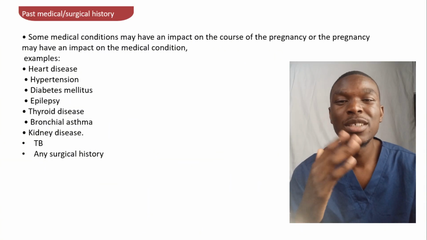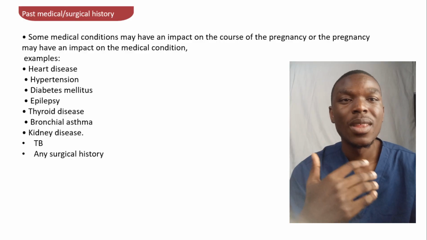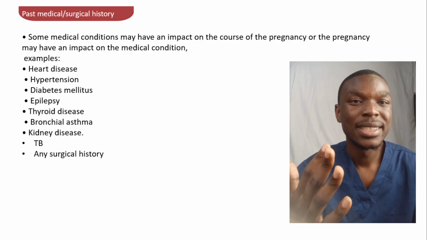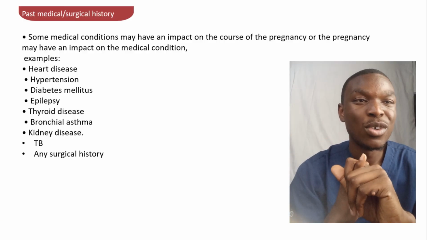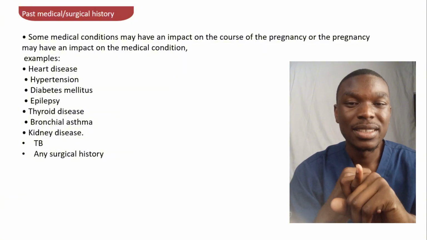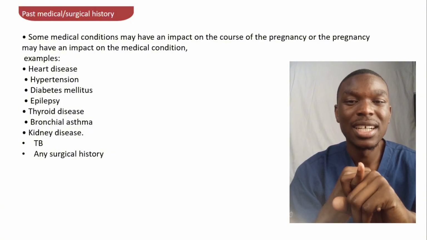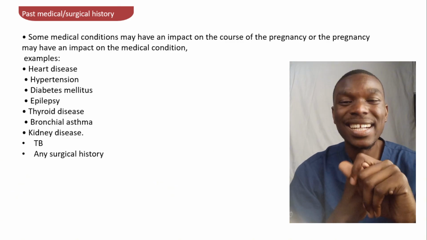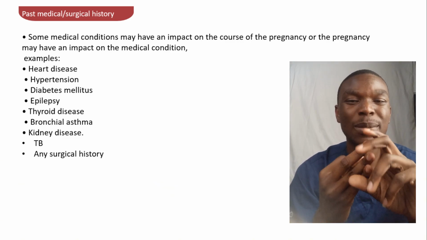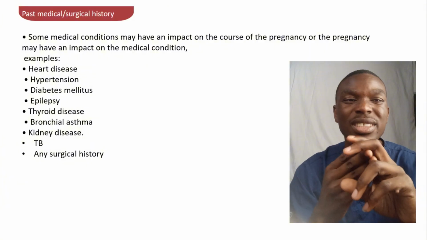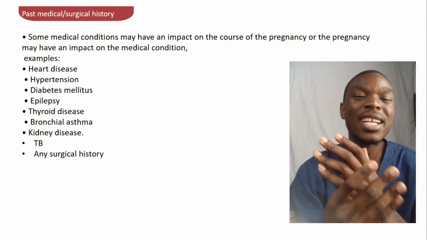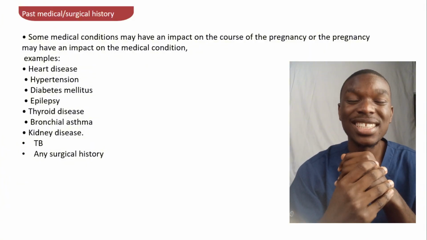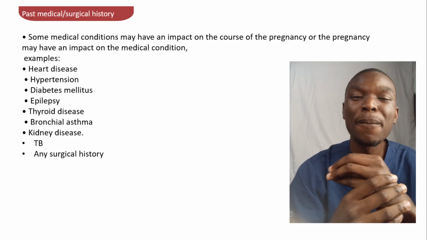Then you move to past medical and past surgical history. So in past medical history, you are looking for conditions that can complicate the pregnancy. Conditions like heart diseases, hypertension, diabetes, epilepsy, thyroid diseases, asthma, kidney diseases, maybe TB.